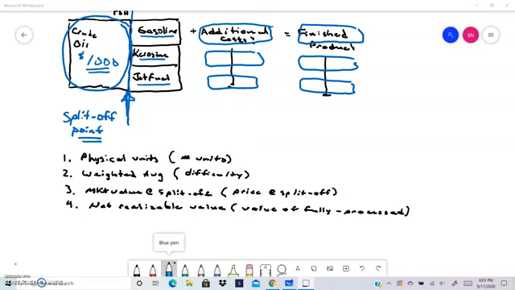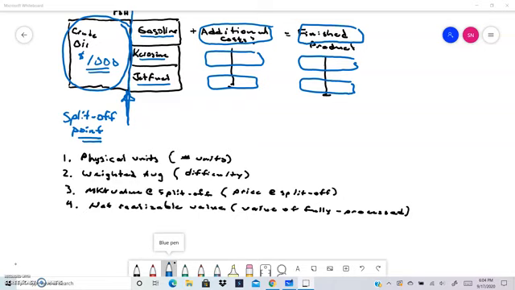The first method we could use is just to simply divide up the $1,000 based upon the physical units that are produced. So if 50% of the total quantity was gasoline, then gasoline would absorb 50% of the total cost, or $500 of the total $1,000 processing cost. So it's simply just divided up according to the amount of physical output.